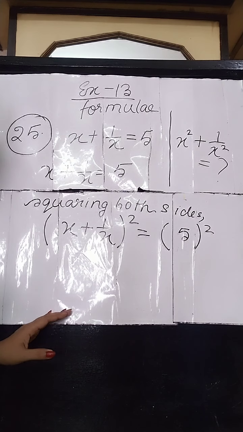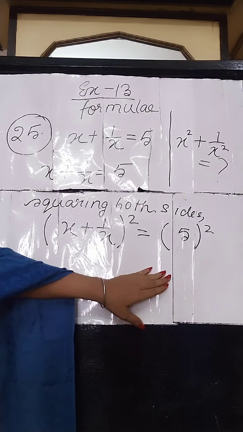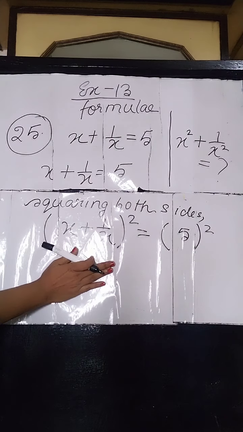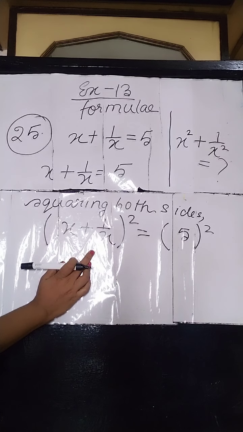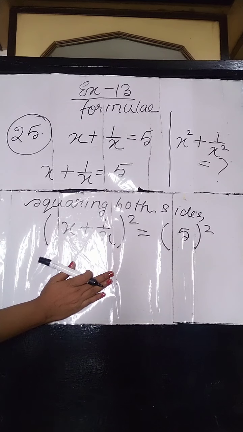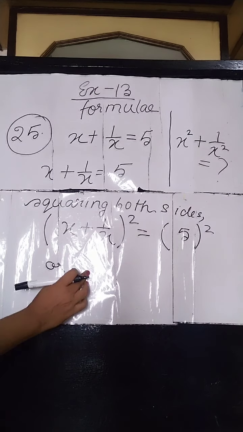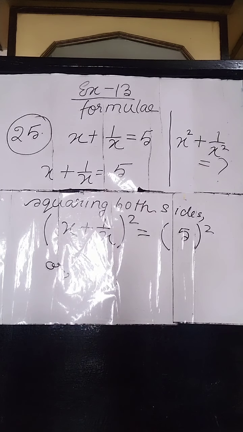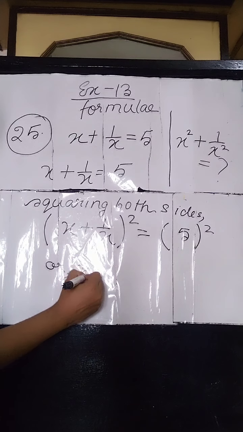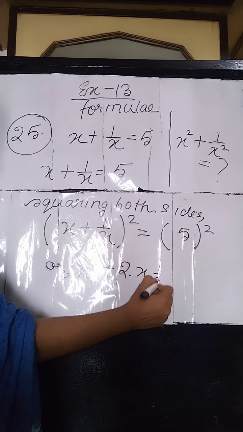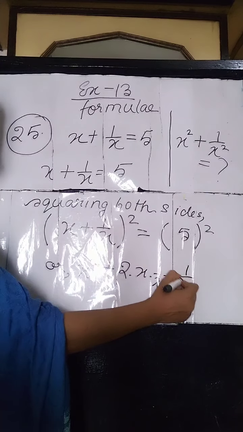On doing the square, we are getting this. Now we will try to apply the formula of a plus b whole square over here and solve the next step of the sum. If we apply the formula of a plus b whole square, we are going to get x square plus 2 into x into 1 by x plus 1 by x square.